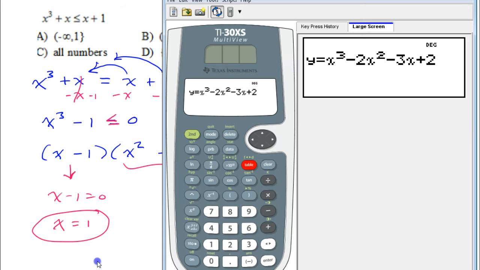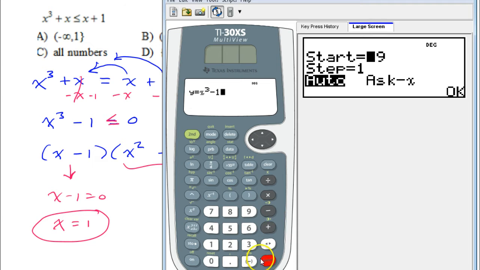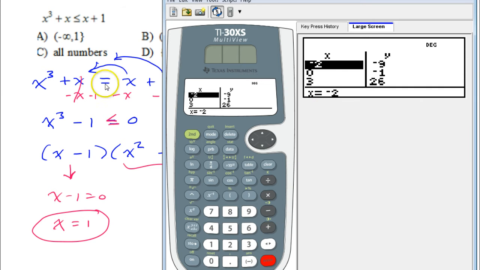Let's use our TI-30XS MultiView to help us out. So typing this in, x to the third power minus 1. Okay, and for this activity, I like to have the calculator in ask mode, because that way I can put in any value that I want without any scrolling.